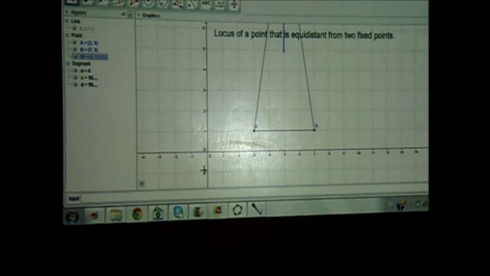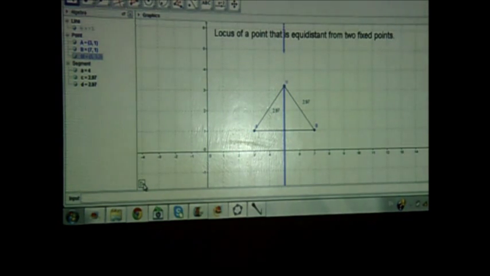We will turn on the animation of M. We will see how M varies. We can see also that whenever M stops, the distance MA and MB remain equal. In this case, it's 2.18, 2.18.